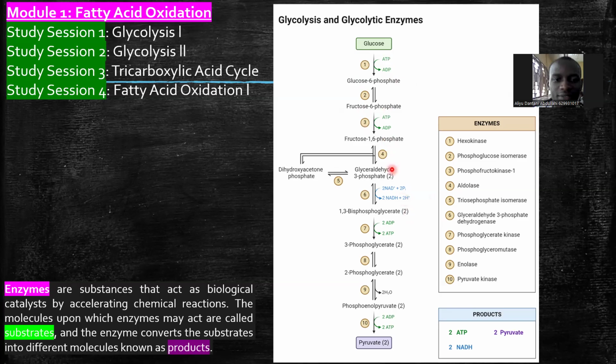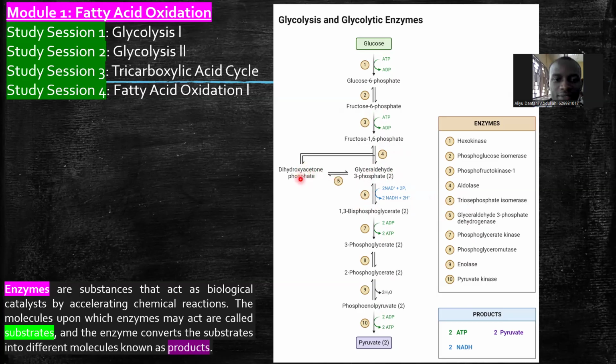The second stage will now be where the production of ATP will occur. All right, this is it. Now, after aldolase cleaves fructose 1,6-bisphosphate into these two compounds, glyceraldehyde 3-phosphate and dihydroxyacetone phosphate, you have one molecule of each.